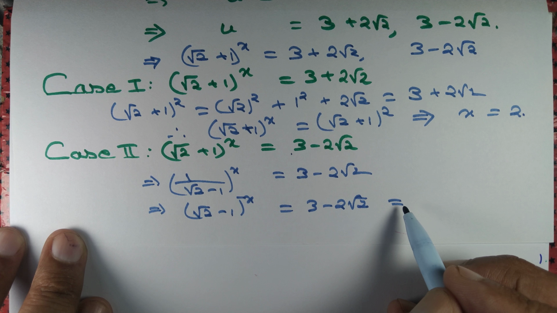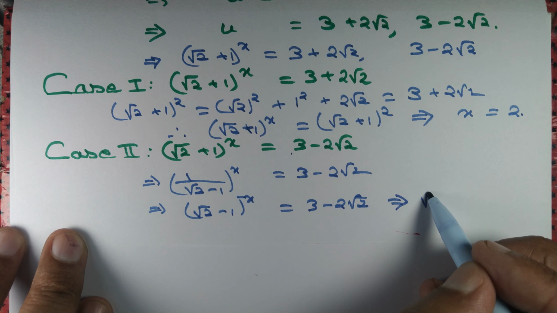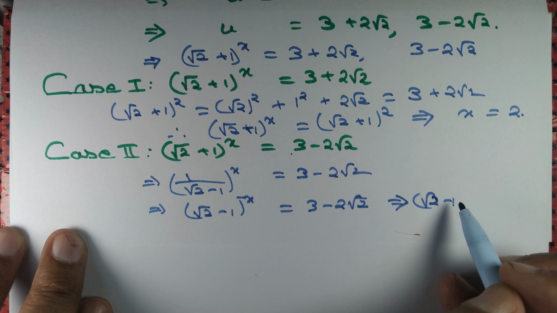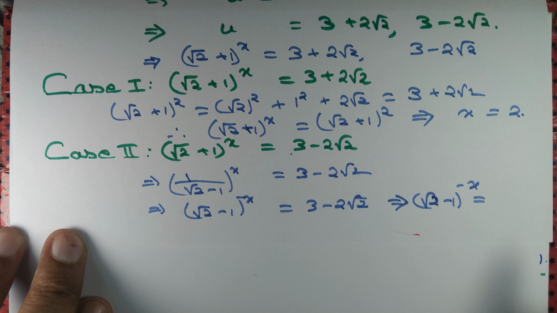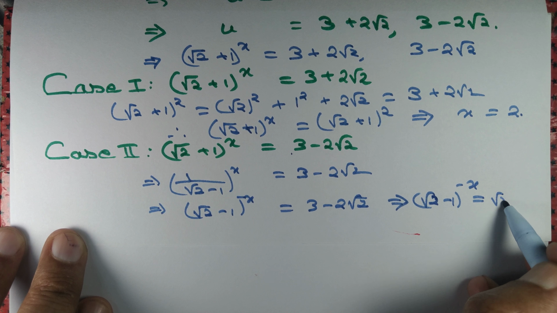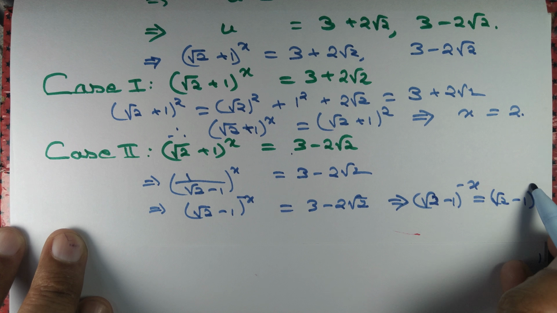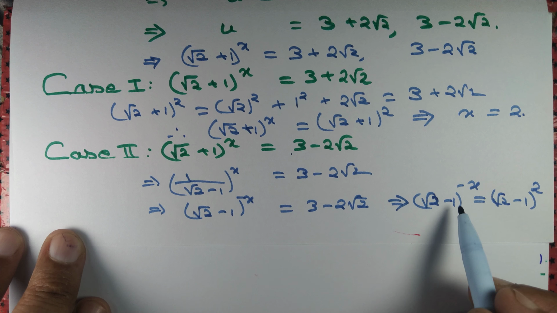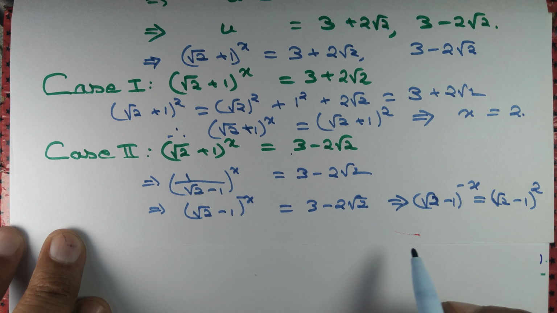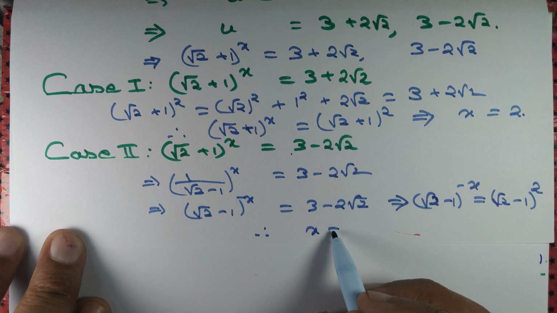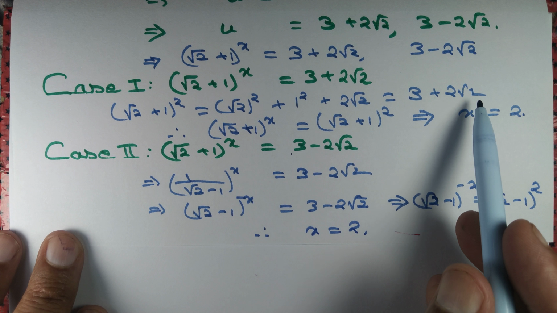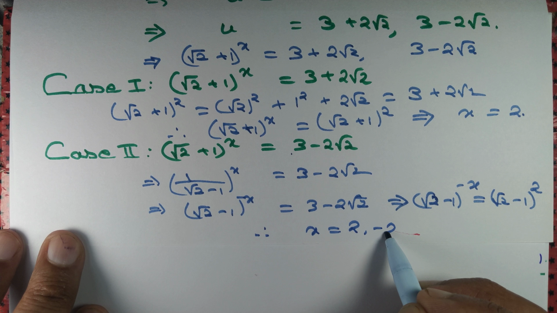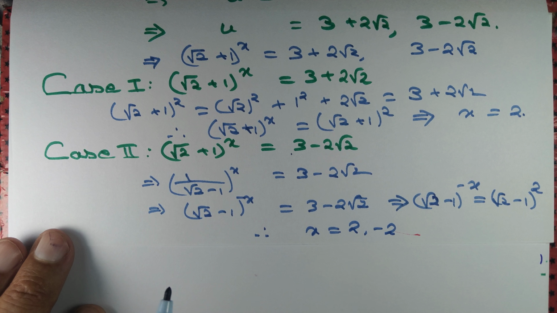So from here we can say that (root 2 minus 1) to the power minus x is actually (root 2 minus 1) whole thing square. So definitely x equal to minus 2. Therefore the final solution is x equal to 2, that's by case 1, and x equal to minus 2 by case 2, and we are done.